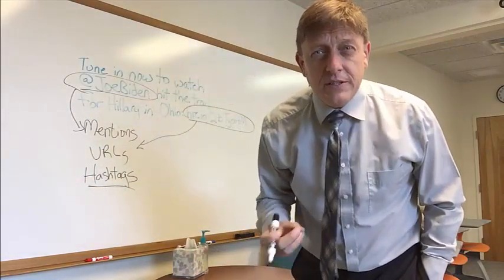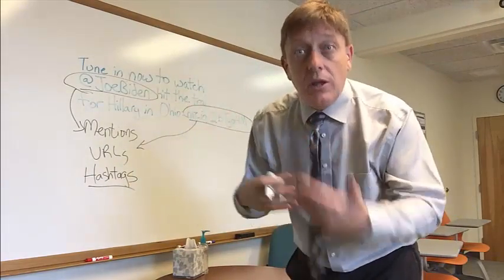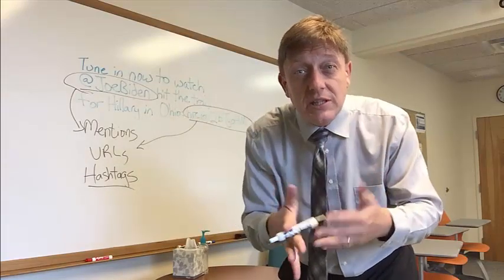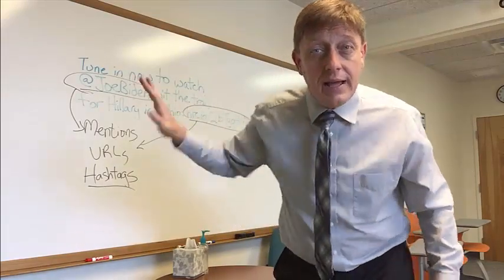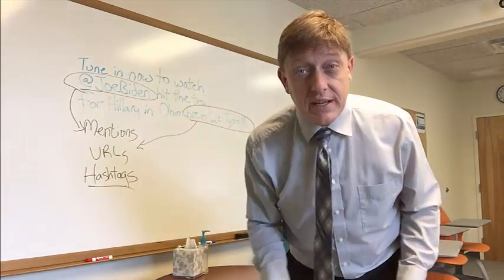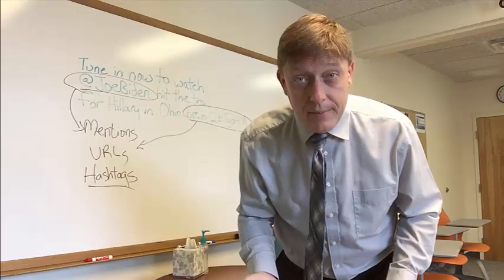Hashtags are also a feature of these tweets. Mentions, URLs, and hashtags are actually pieces of relational data that connect a tweet to something else, to a user, to a website, and to a line of discussion about a topic.